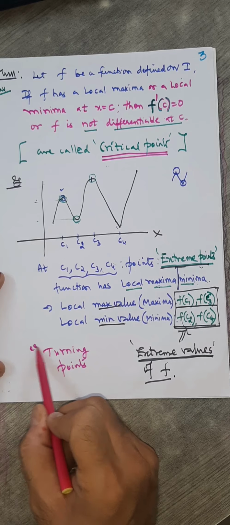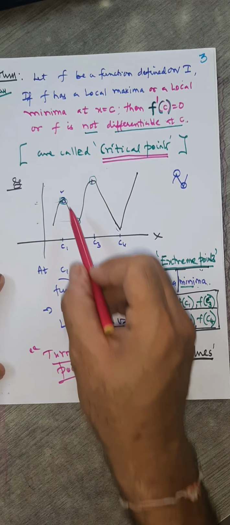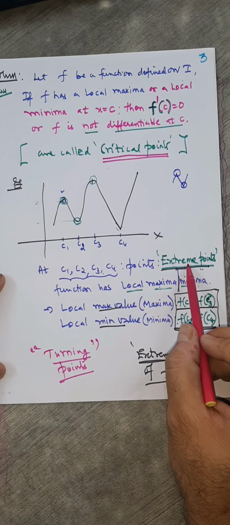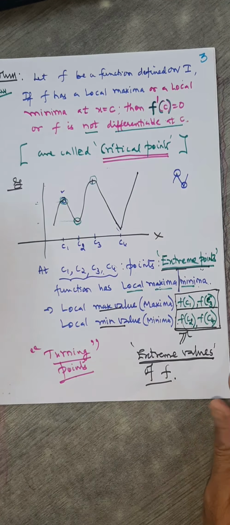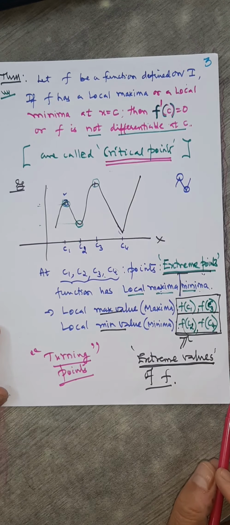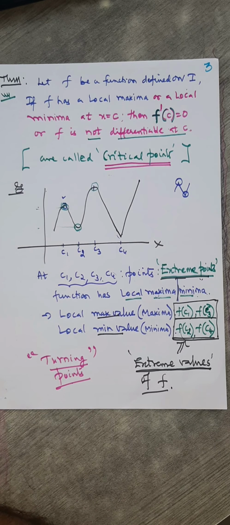Turning points are where the function changes direction. So either it will have local maximum or local minimum. Turning points, extreme points, or critical points. But critical points include points where the function is not even differentiable. Okay, so this is about specially turning points.